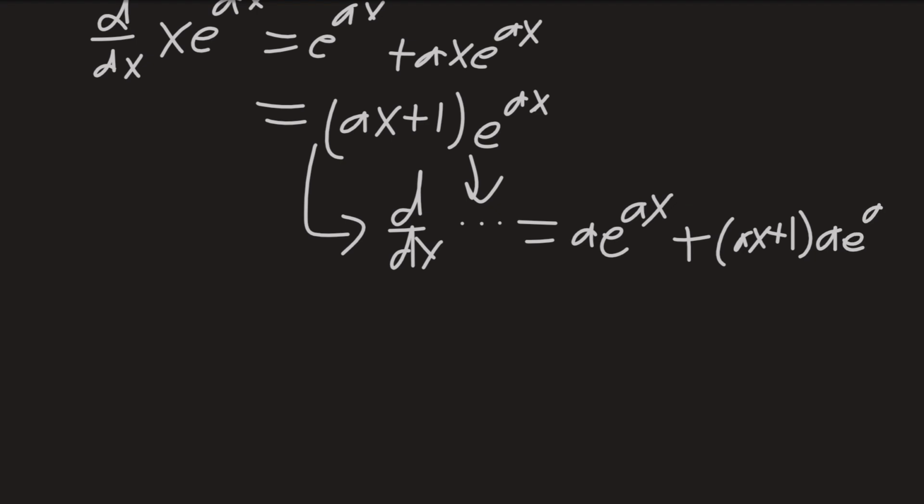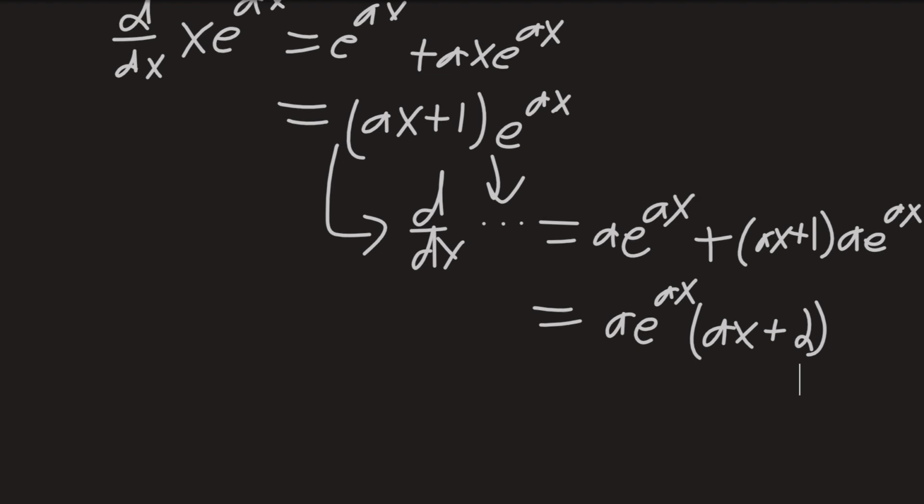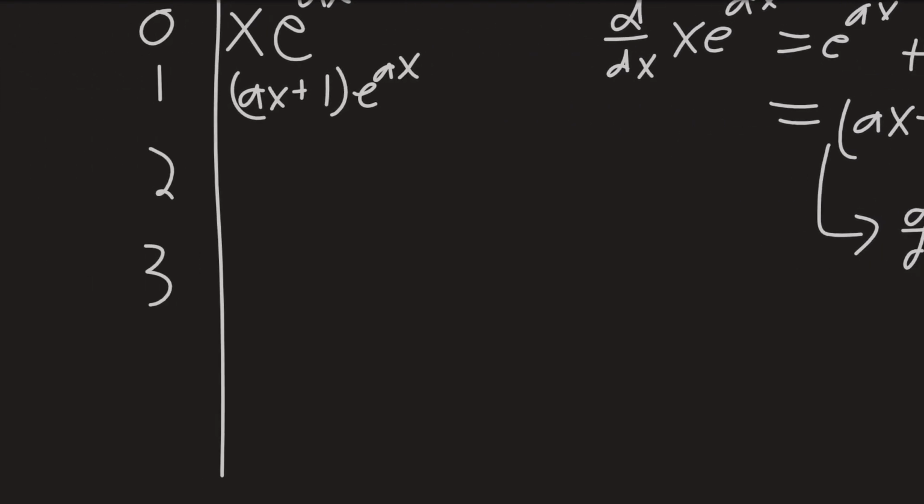This time we can factor out an e to the ax, but we can also factor out an a e to the ax. So what we have now is a e to the ax, and then 1 plus ax plus 1, which is just ax plus 2, because 1 plus 1 is 2. So now we have a e to the ax times ax plus 2.